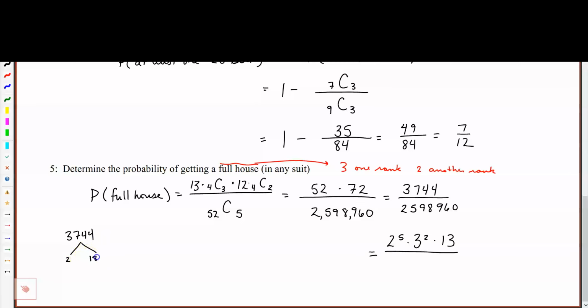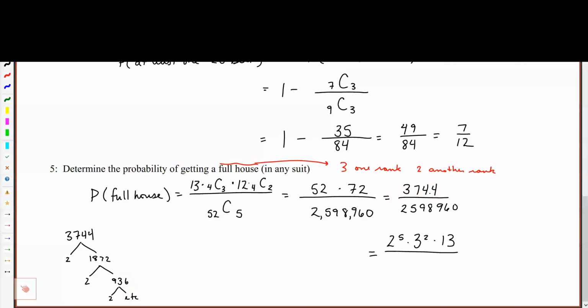First, when I broke this out, I got 2 times 1872. This number was still even, so I divided that by 2. I got 936. This number was still even, so I divided that by 2, and I just kept going, keeping track of how many times I divided by 2 before the number was no longer even. Then I started trying to divide it by 3, and so on, just keeping track of those prime factors. So this will be the prime factorization for the numerator.